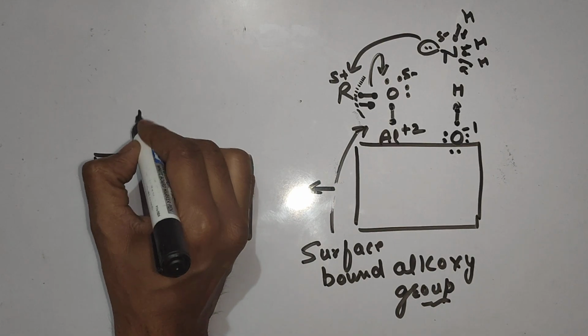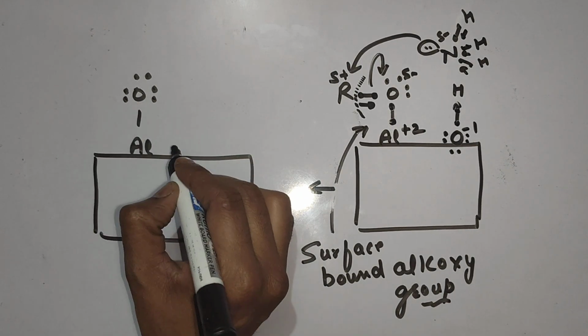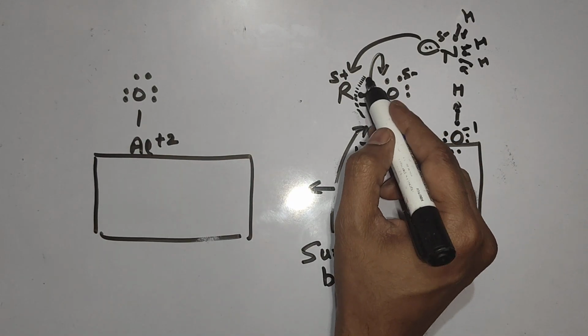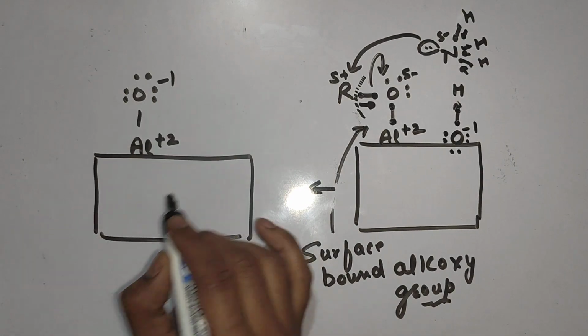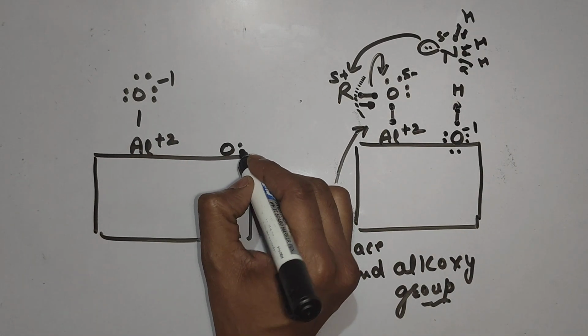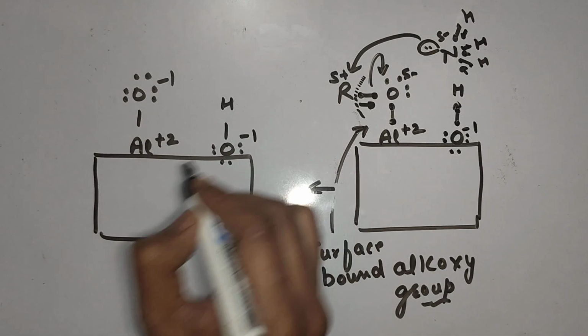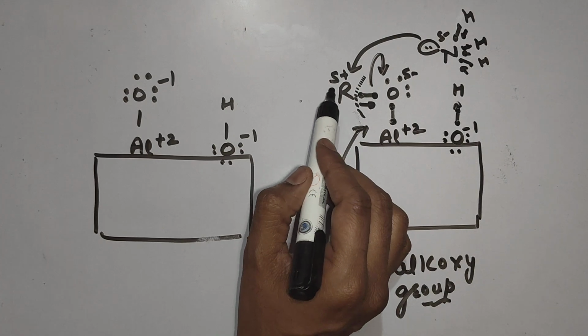Now what will happen? Between aluminium and oxygen, the bond is as it is, aluminium plus 2, and oxygen, because it is getting one electron of carbon to its side, minus 1 charge. This oxygen and hydrogen as it is, on this oxygen minus 1 charge is there, and R positive.